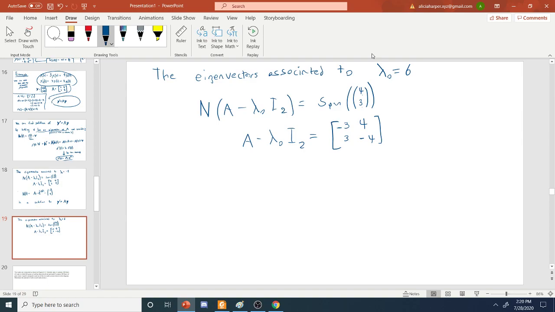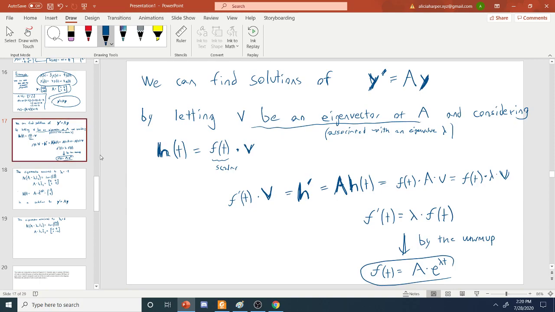So from this calculation we did earlier, we know what f of t has to be. It has to be a times this, where the lambda is next to the argument in the exponential function, next to the t.